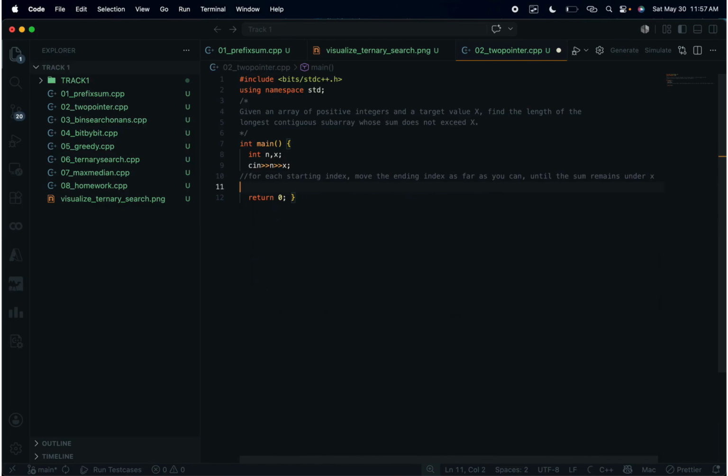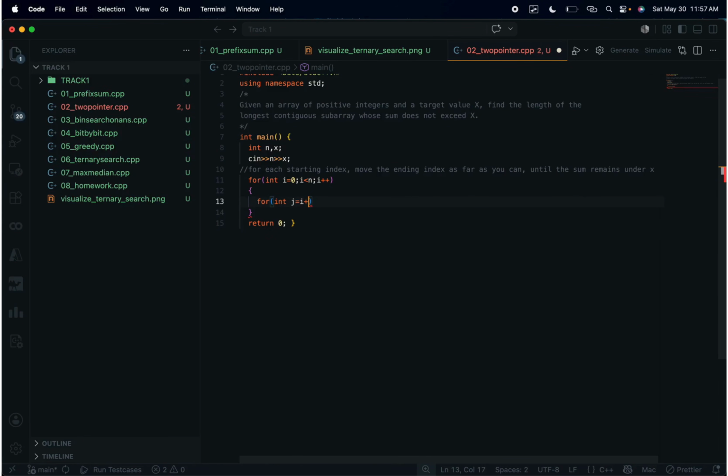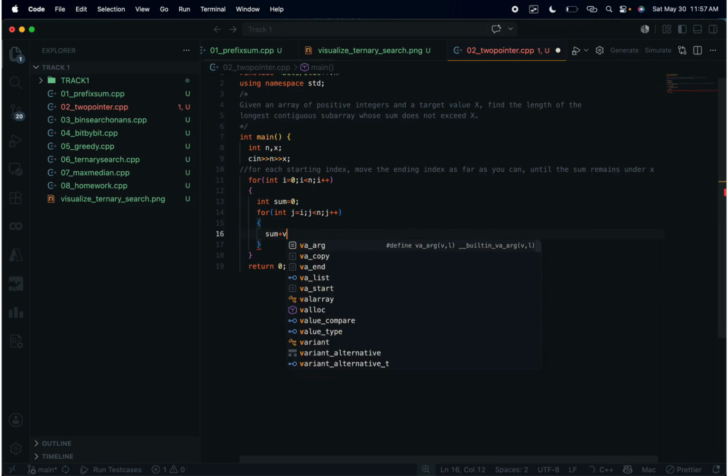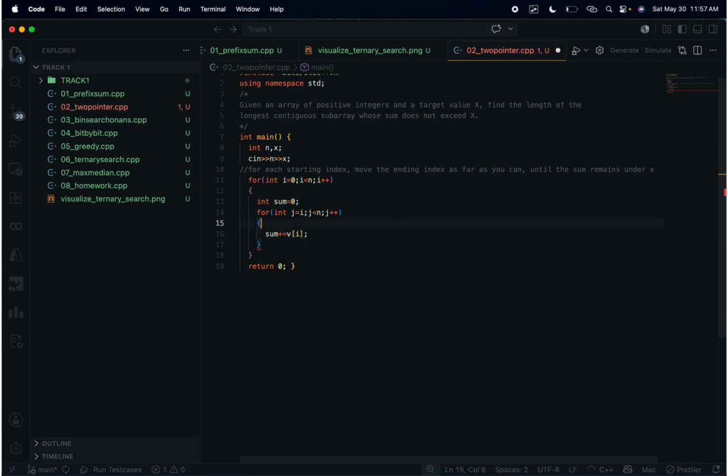So how you would implement that is, for the starting index I from 0 to n, send the ending index from I to n, have a sum, and increment the sum only if the sum is less than or equal to x.